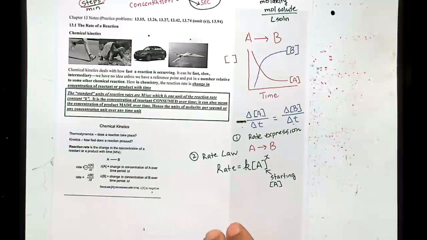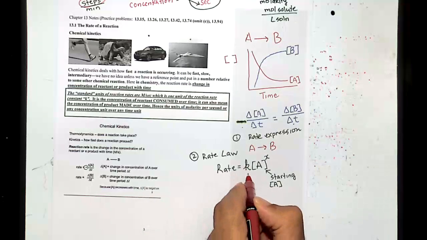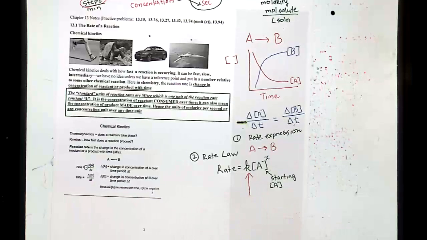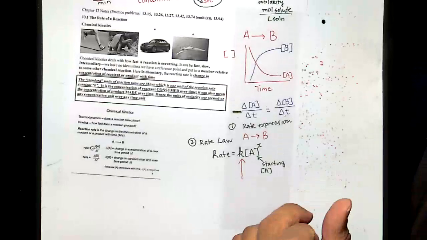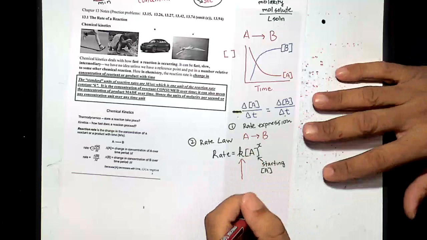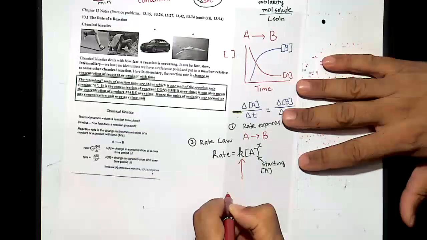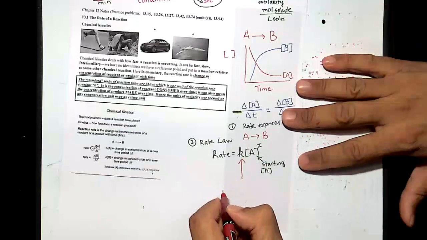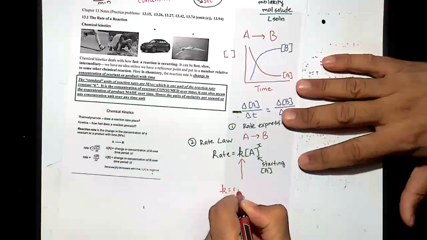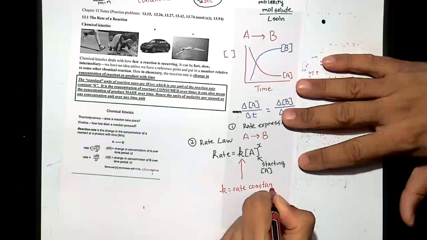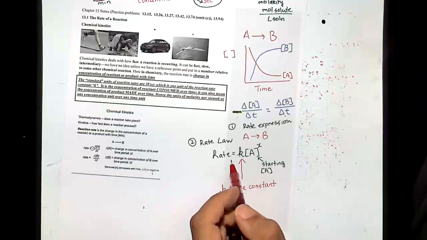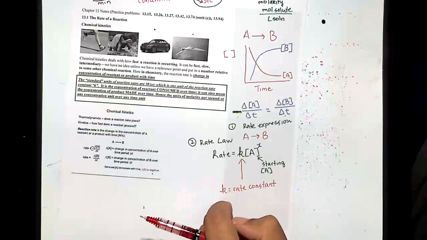This k here is called the rate constant. If this is a little confusing, we'll talk about it more as we go to pages 2, 3, 4, and 5. But this lowercase k is the rate constant. Every reaction will have its own rate constant, lowercase k.